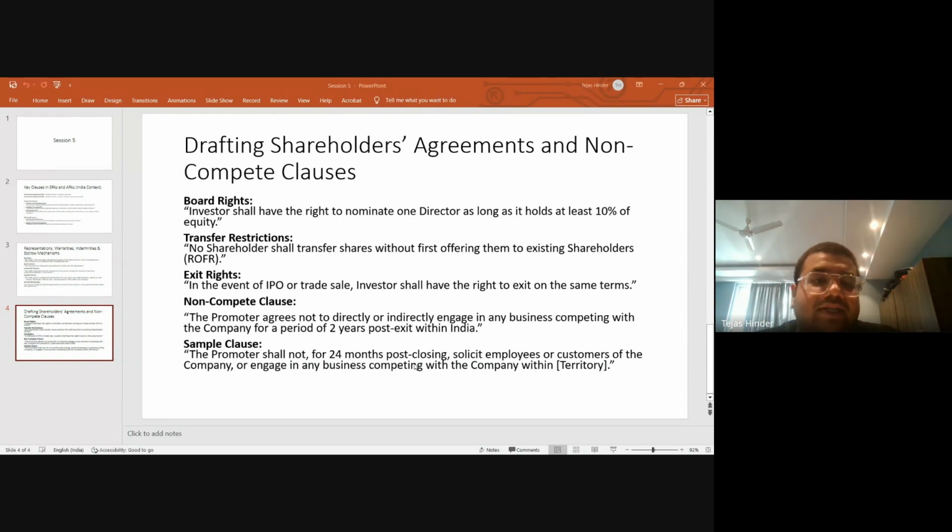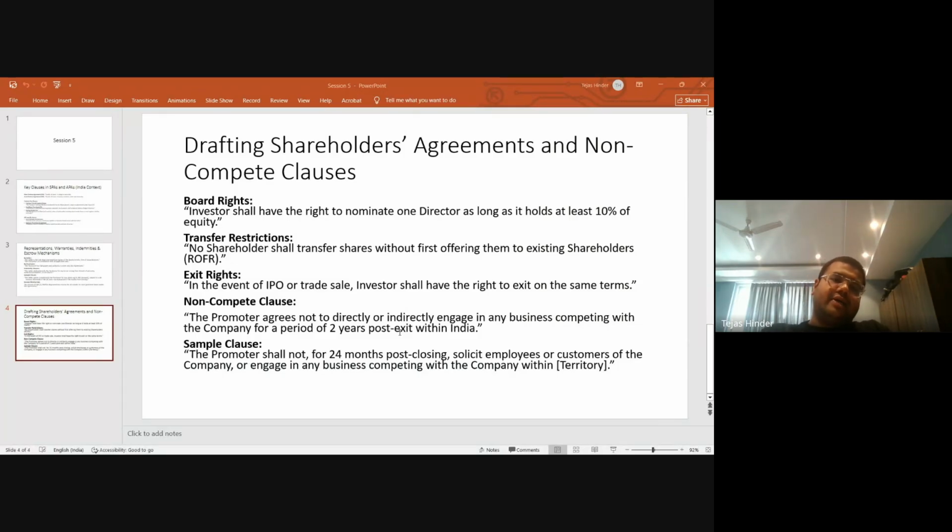Then comes your confidentiality and IP protection clause. Then your deadlock resolution mechanisms, which will be based on escalation to senior management or maybe third-party mediation. Then comes your governing law and dispute resolution clause. I don't have to really give details on this, but just note that arbitration is usually preferred even in a shareholder dispute.